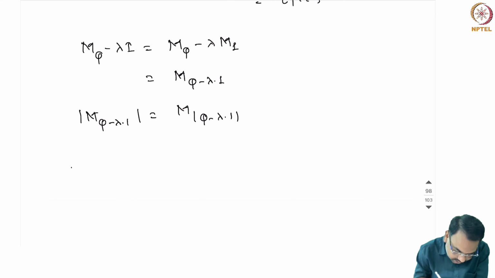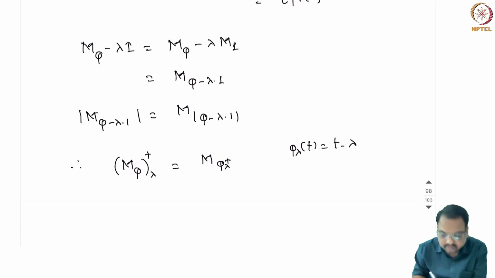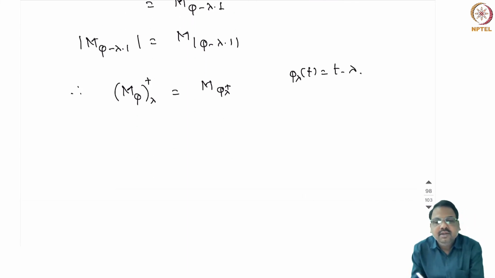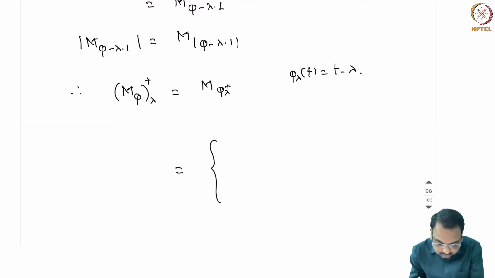So therefore we can actually show that (M_(phi minus lambda))+ is nothing but M_((phi minus lambda)+), where (phi minus lambda)(t) is t minus lambda. That means if you are able to find (phi minus lambda)+, then we can get M_((phi minus lambda)+).